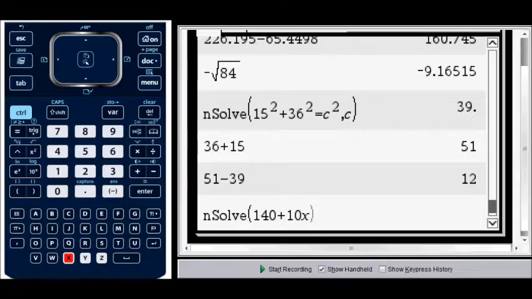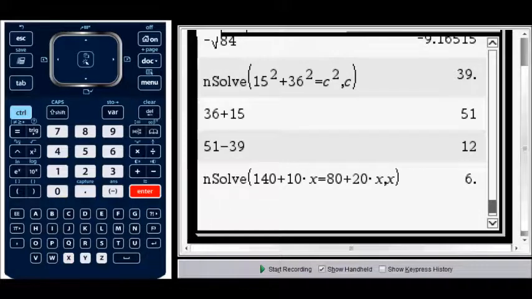It's the same thing. I just switched those two terms, but I'm going to put it in just like we wrote it, and I'm going to set that equal to 80 plus 20x, and then we want to solve for x, so we're going to hit comma x, and it's still going to give us 6. Watch, and there you have your answer. The answer is 6.